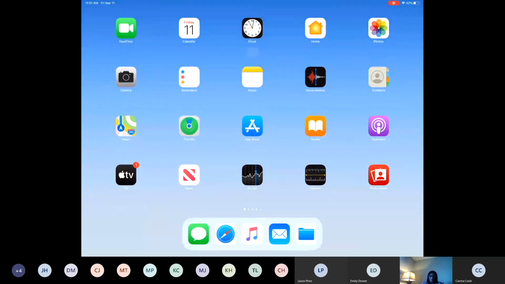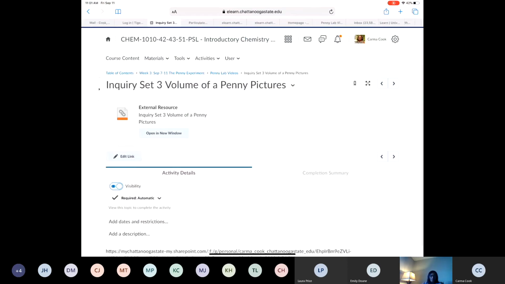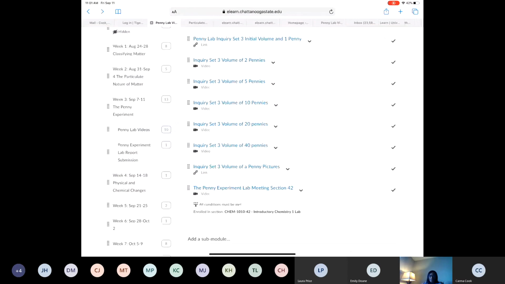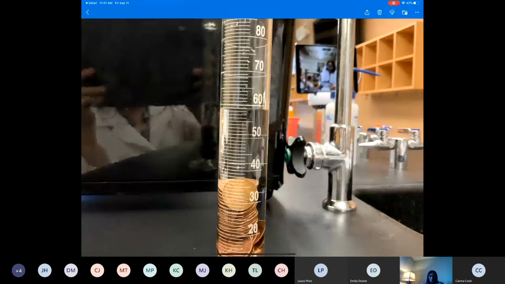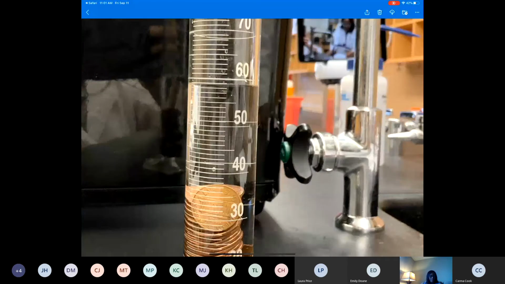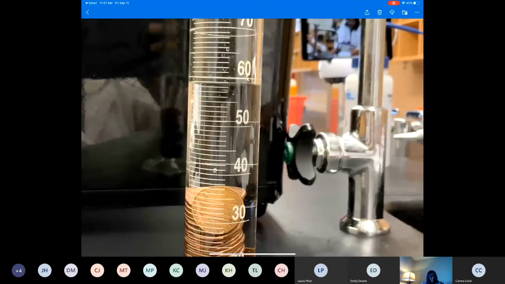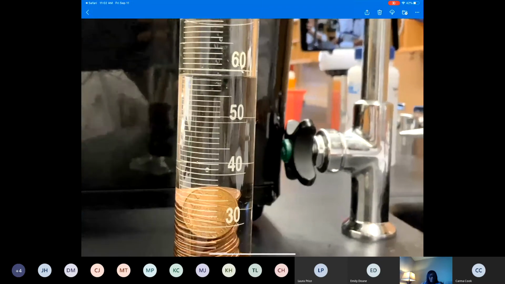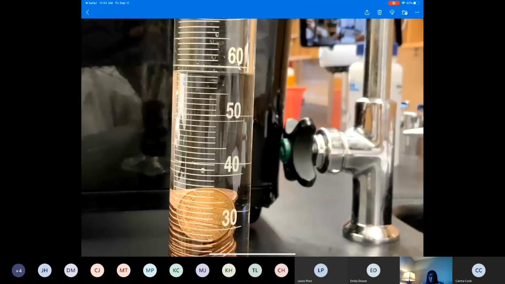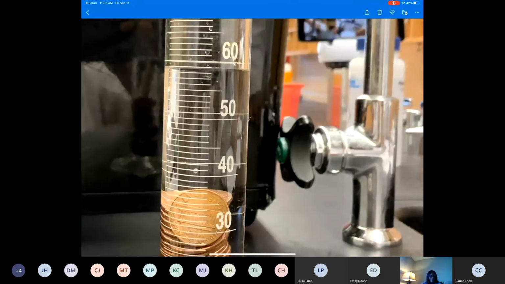And then the last picture, after adding 40 pennies, I see it's between 58 and 59.